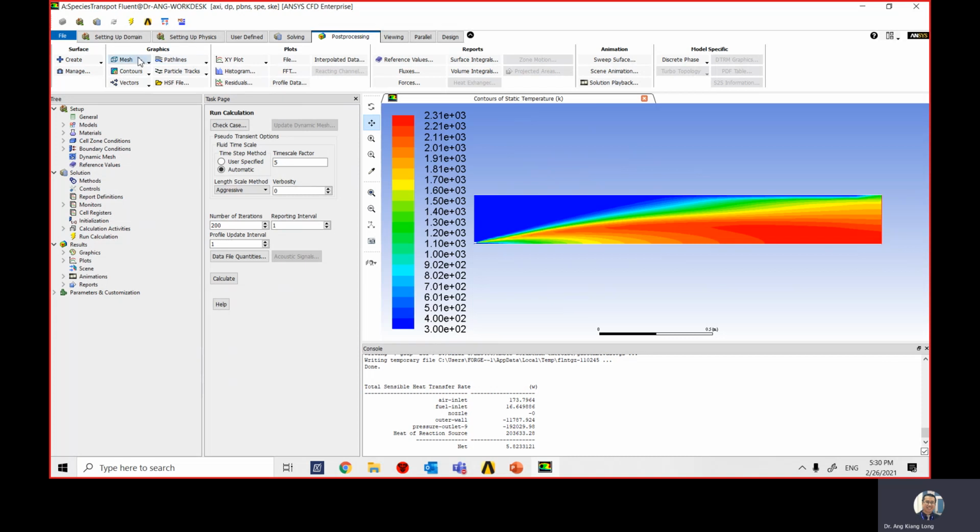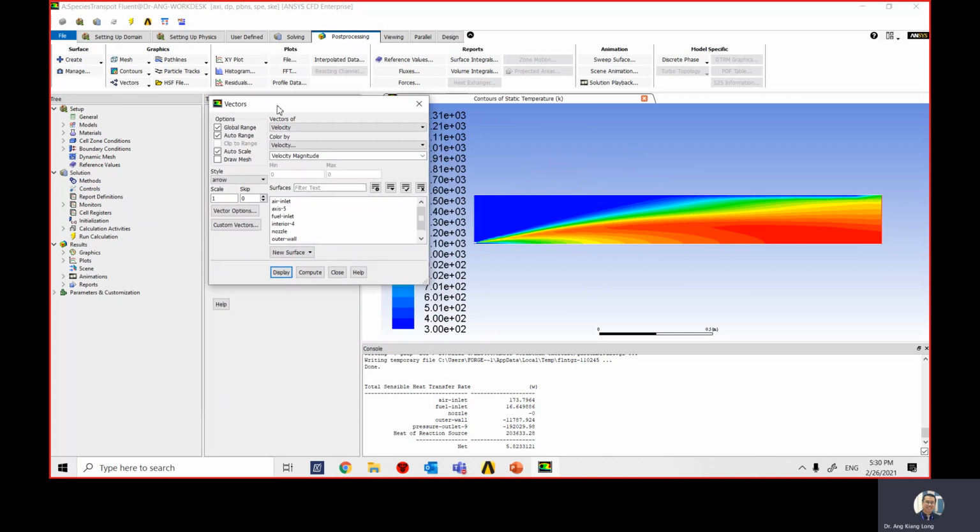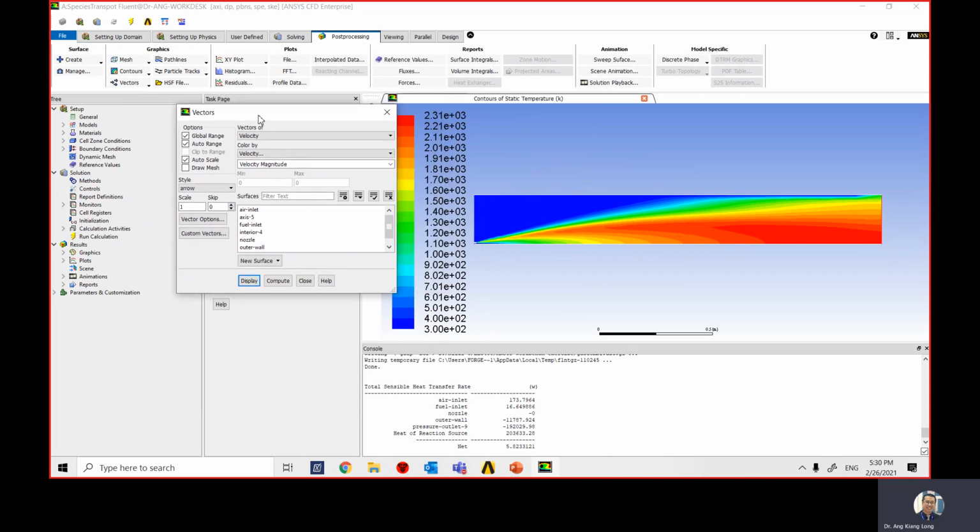So go to processing, graphic, vector, and then we go to edit. Again, the window comes out and asks you what you want to project. So we want to project velocity, vector, and the arrow here we will scale down to 0.01. Then we click the vector option to further define our vector presentation.